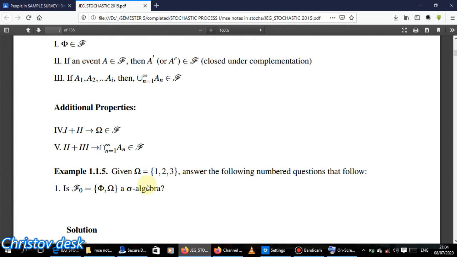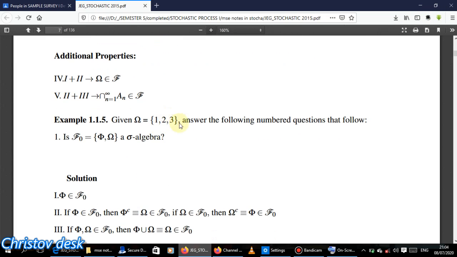Now an example: given that you have 1, 2, 3, answer the following numbered questions. Is F naught, which contains only the empty set and the set itself, a sigma algebra? We have to check using the rules.